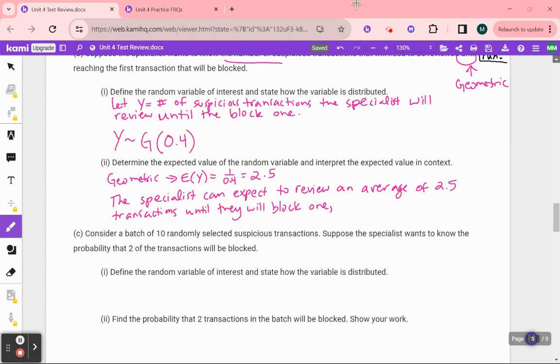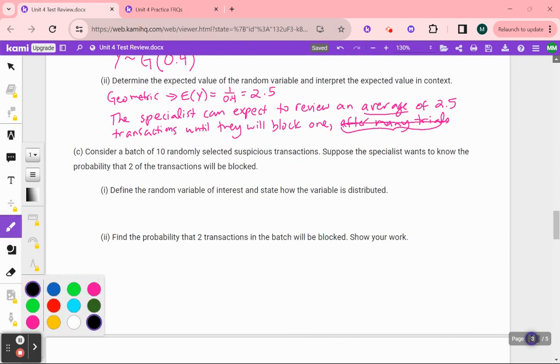And this is after many trials, as in, this is just an average. I think the last sentence I put in makes it kind of confusing, so I'm just going to take that out. Okay.